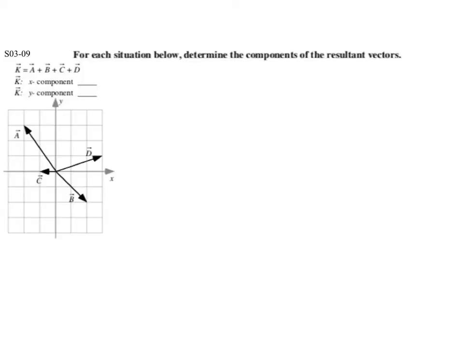All right, for each situation below, and there'll be several on different pages, determine the components of the resultant vectors. You can do this sort of two ways. You could try drawing everybody out.